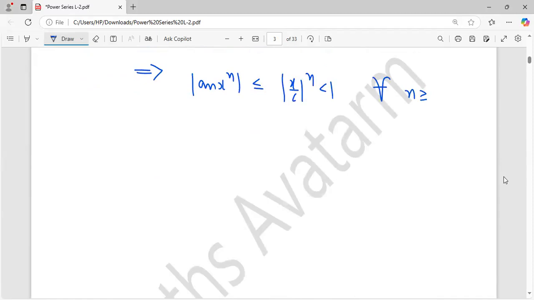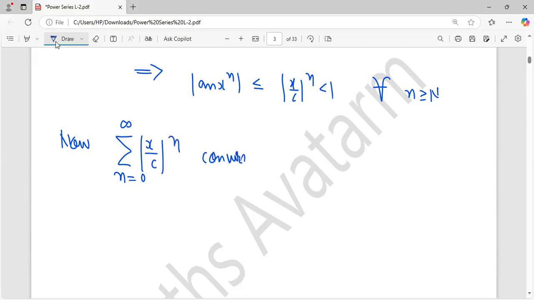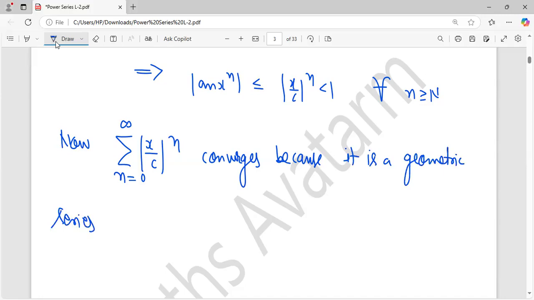Now this series summation n goes from 0 to infinity of x upon c to the power n converges because it is a geometric series having common ratio x upon c that is less than 1.